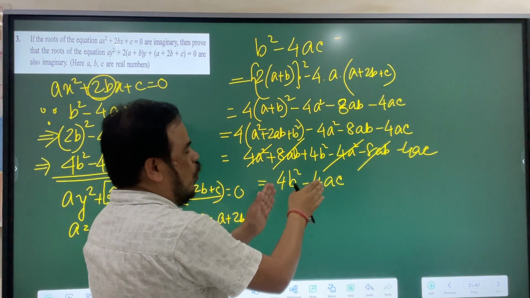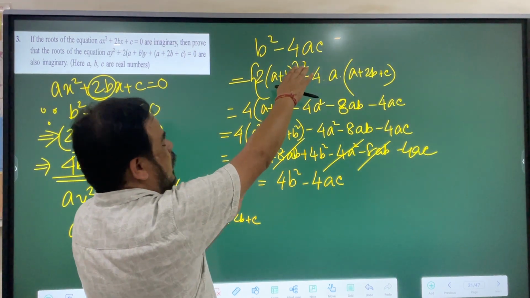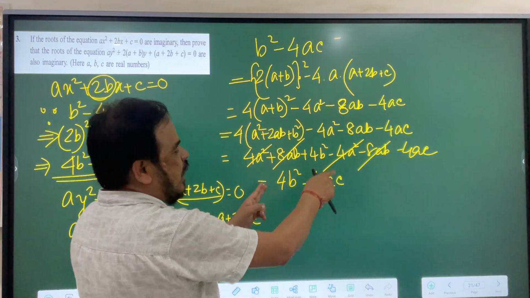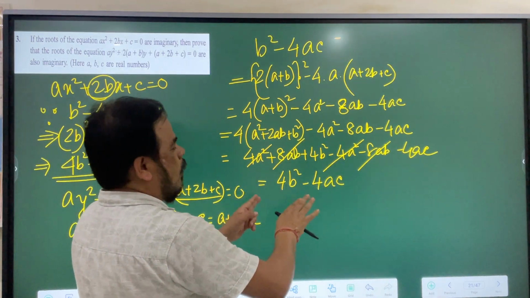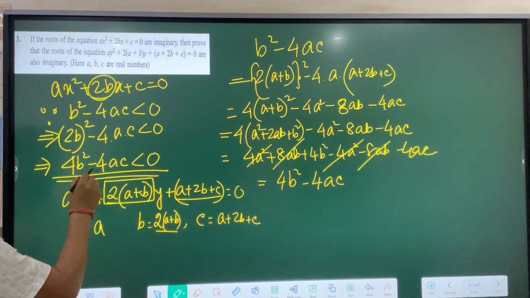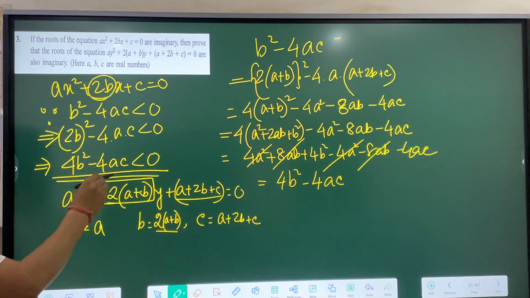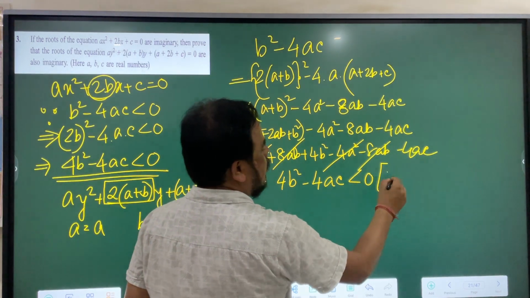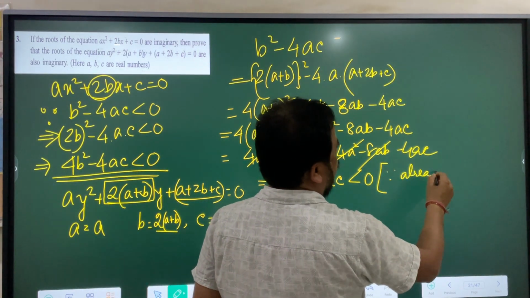This is b square minus 4ac. After doing the calculation, we have got this term. Whether it is less than 0 or greater than 0, we don't know. From where have we come to know? Here we have already found 4b square minus 4ac is less than 0. So here we can add 4, since it is already proved.